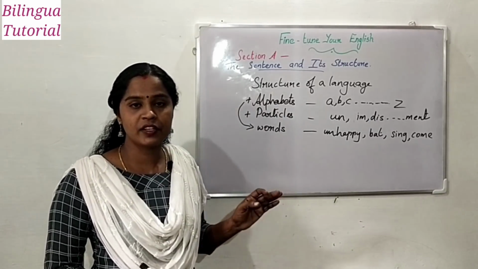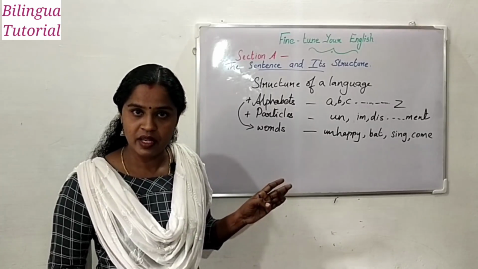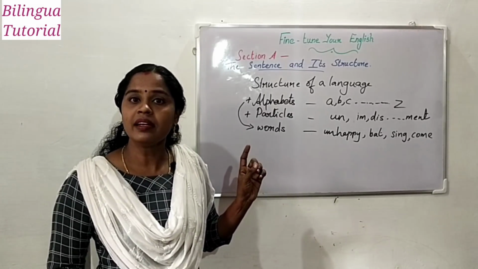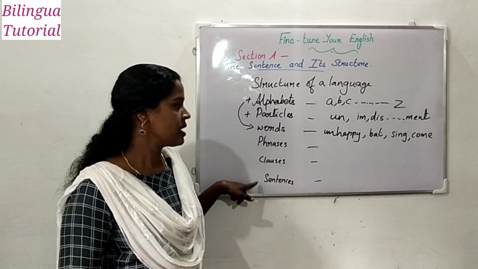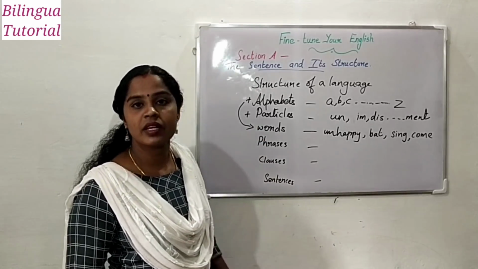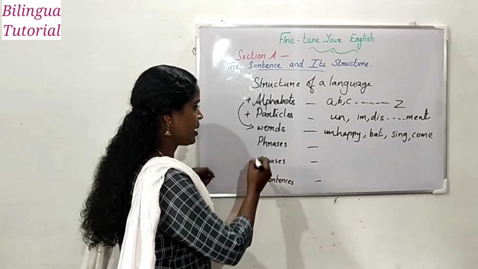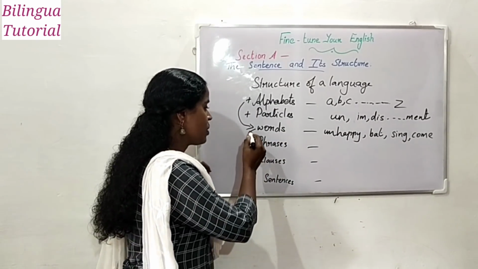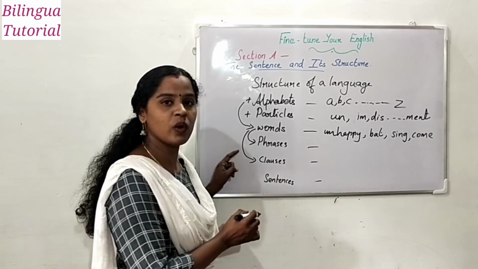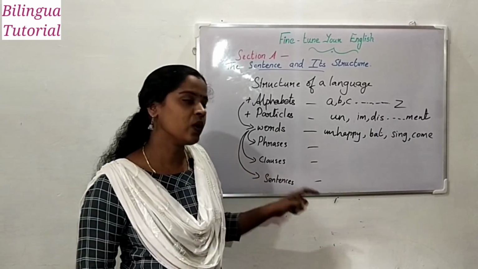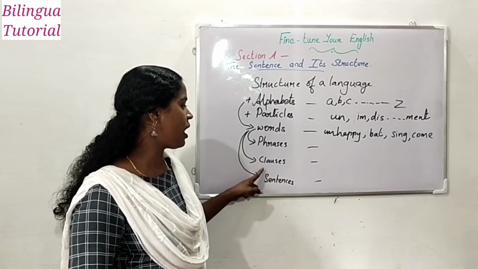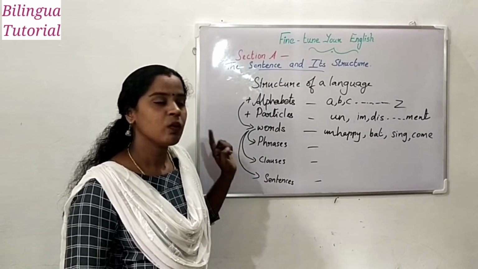These three are said to be combination of words. We can make phrases using words. We can make clauses using words. We can make sentences using words. So these three are combination of words.